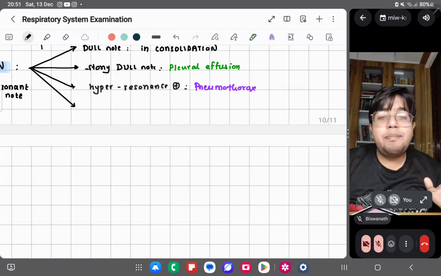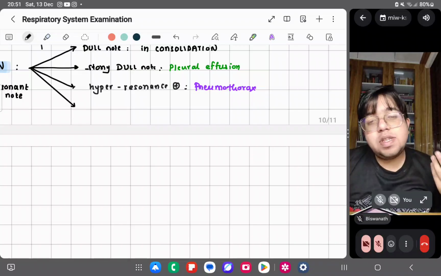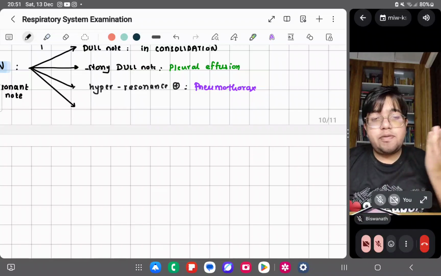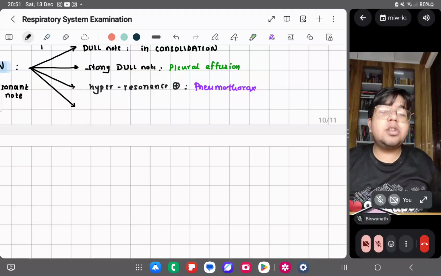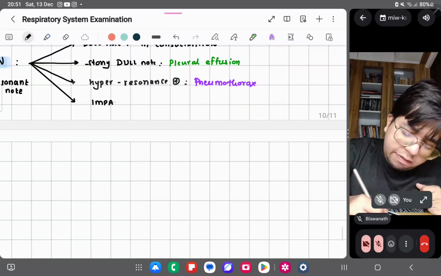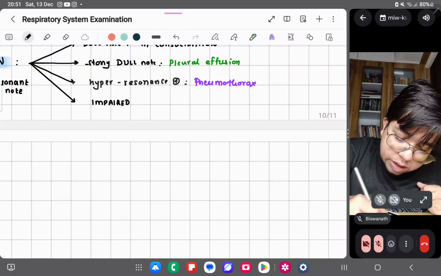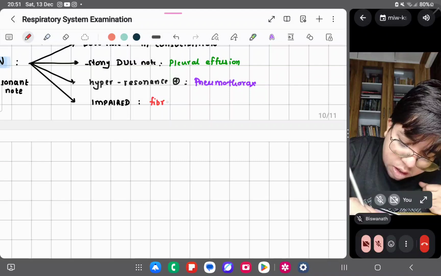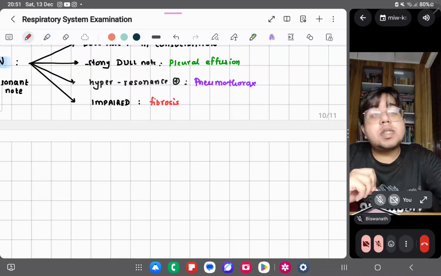If the resonance is impaired, of course, there is something which is blocking your resonance. And what can block the resonance? Fibrosis, restriction. Restriction always blocks the freedom. So if it is severely impaired, there must be a fibrosis.